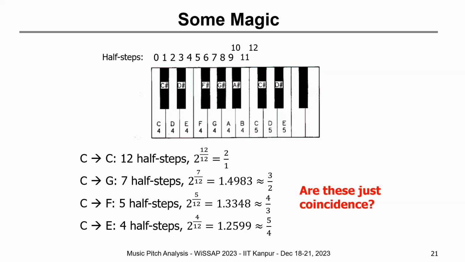This is called fifths, but it's 7 half steps. Okay. So if you take 2 to the power of 7 by 12 and do everything, it will be close, but still not exact to an octave relation.